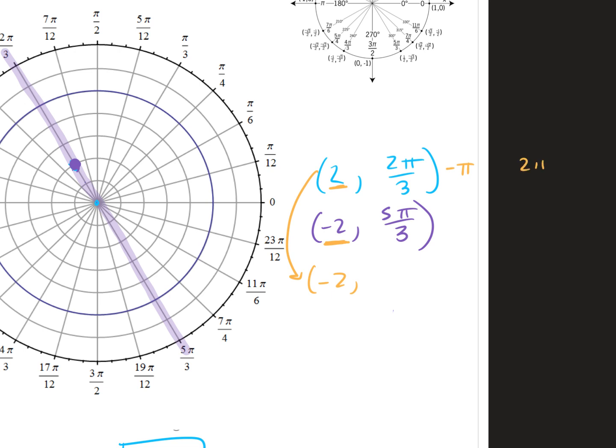So we have 2 pi over 3 minus pi, so make that 3 pi over 3, which gives us negative pi over 3. So if you change the sign, you add odd amounts of pi. So you can either add pi or 3 pi or 5 pi. Because we started off with positive 2, if you change the sign to negative, you add or subtract an odd amount of pi's.